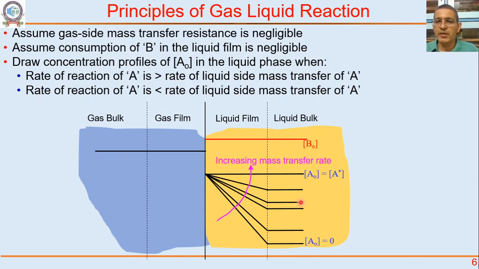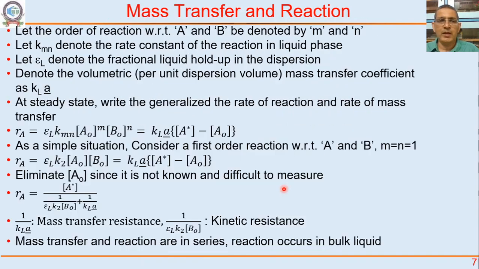Rate of reaction RA would be epsilon L kmn A naught raised to m, B naught raised to n, epsilon L because rate is per unit volume of liquid. Reaction is happening only in the liquid. And because they are in series, this must also be equal to kLa into A star minus A naught. Mass transfer rate and reaction rate.